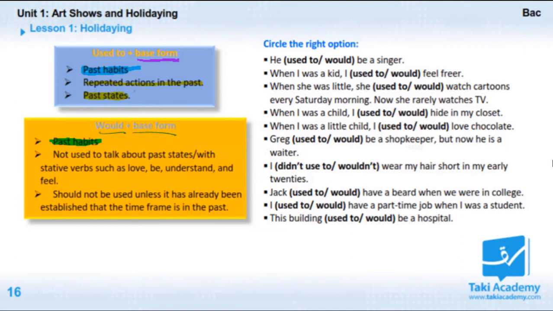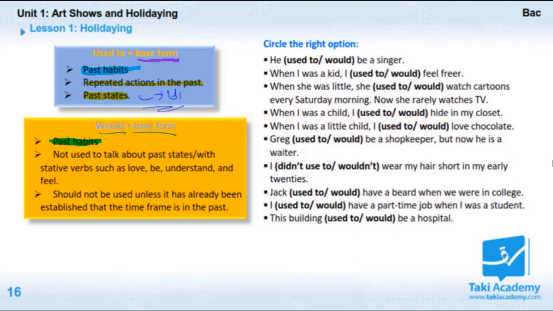Now, for repeated action in the past, I used to visit my grandma every weekend. And for past states, and the word states means this, okay, I can say, I used to love sweets, or I used to be happier, etc. Now, these are examples of states.